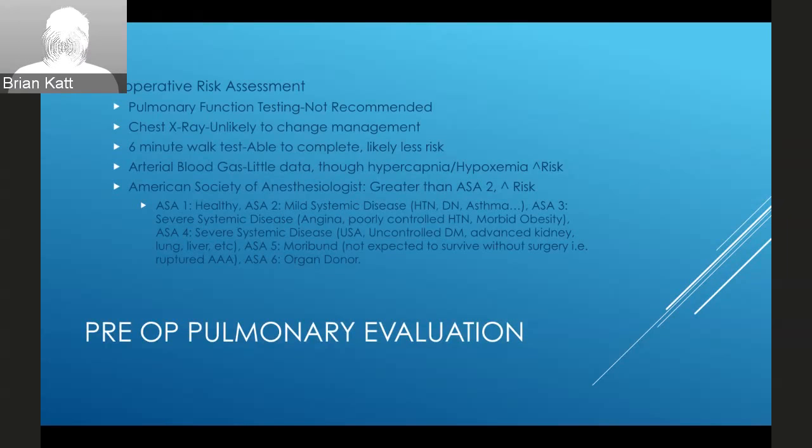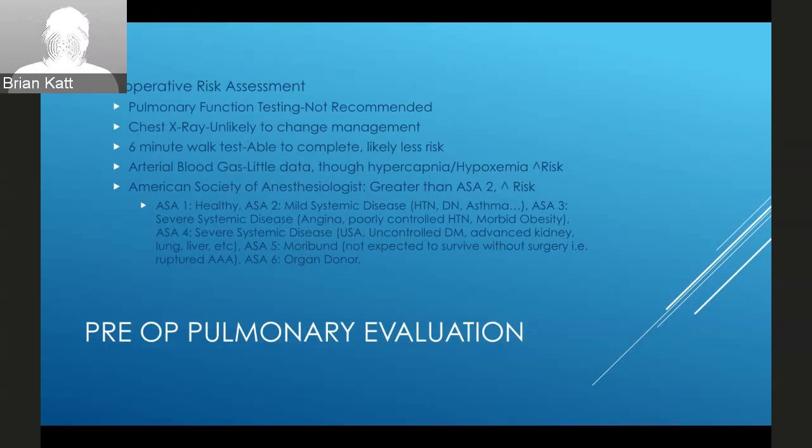Arterial blood gas, again, not routinely done. The only reason to consider doing an arterial blood gas is if you have other reasons to suspect that the patient may be chronically hypercapnic or hypoxemic. Again, a moderate or severe COPD patient, perhaps overlapping with morbid obesity, perhaps overlapping with severe kyphoscoliosis, which can create a restrictive defect to ventilation.